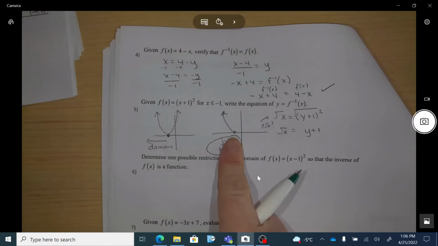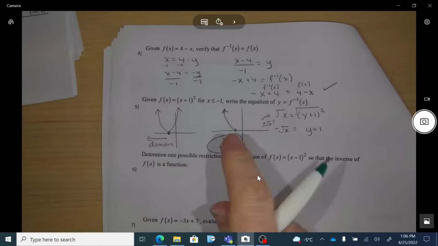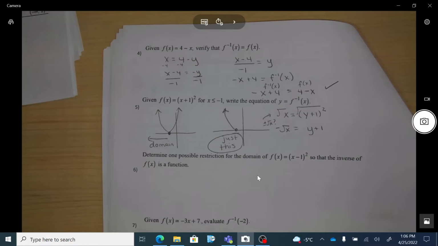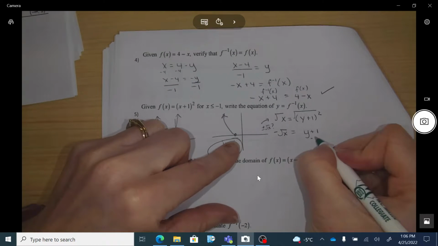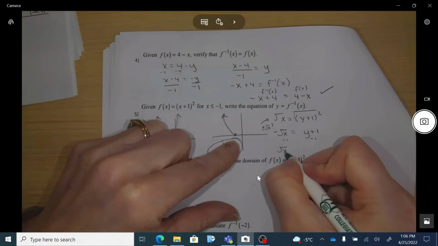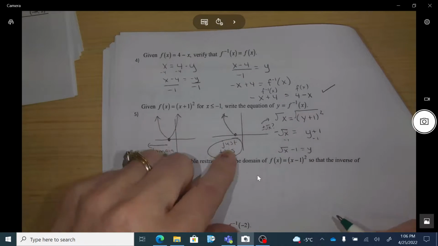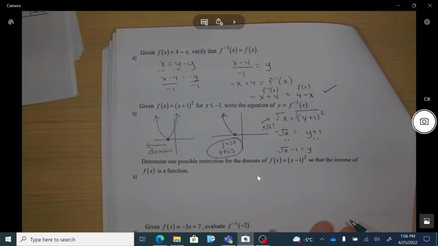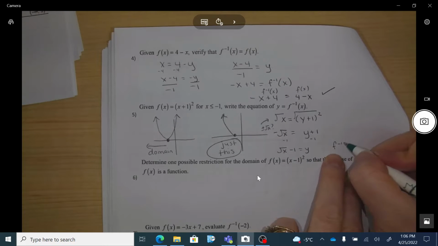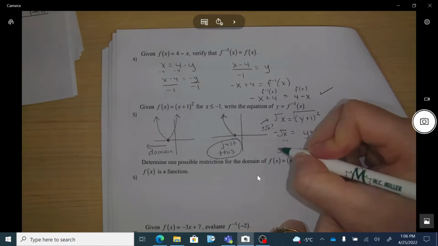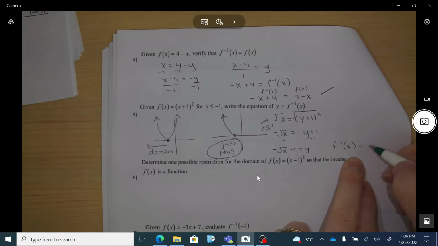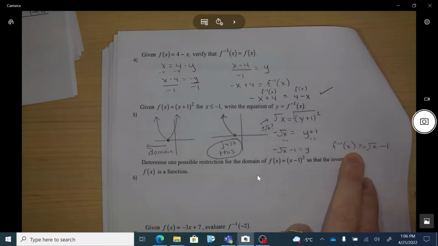So on this one, I'm going to want the negative because I'm taking the left half. And then I'm going to need to minus 1. Okay, but I would like to write it formally here, how it says. Oops, I forgot the negative there. So negative root x minus 1.